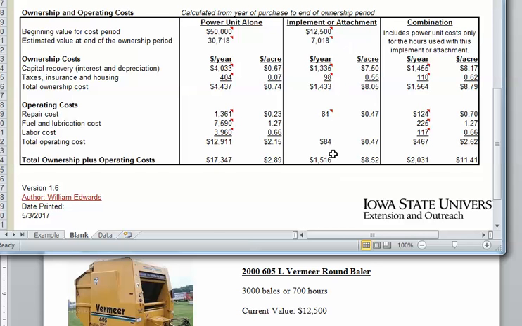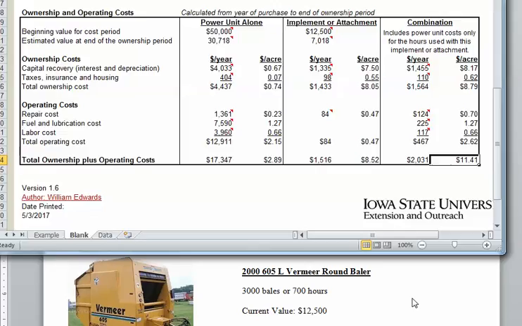Our annual cost of the baler is $1,516. Our cost per bale, it says per acre here, but we've already established it's per bale, $8.52. The combination of the two, tractor and baler, $11.41.